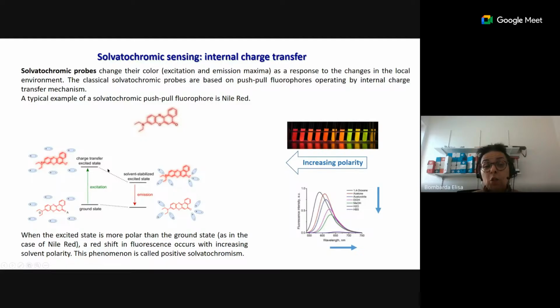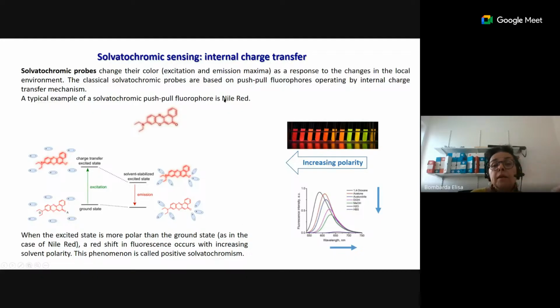The solvent needs to be rearranged around the probe, and this relaxation results in a shift of the wavelength towards the red.